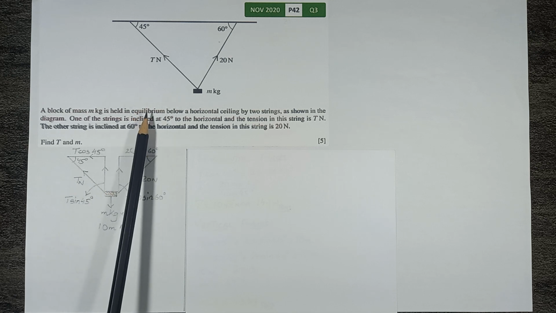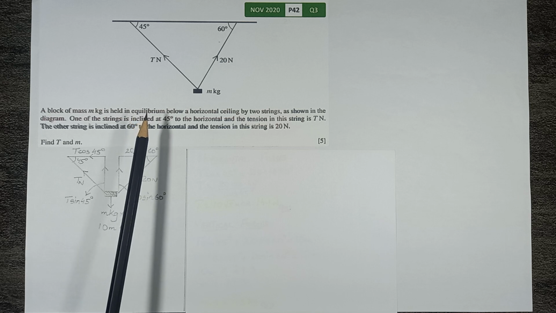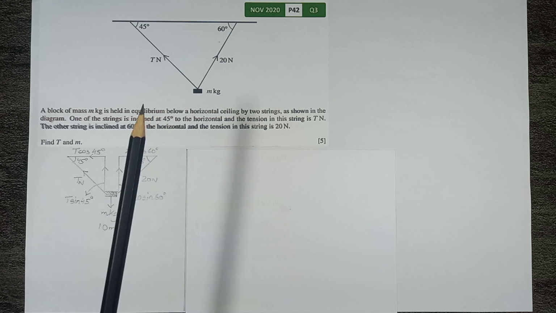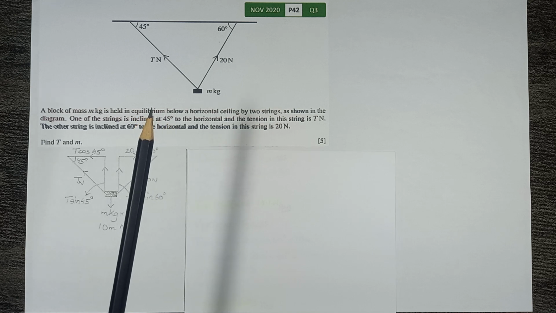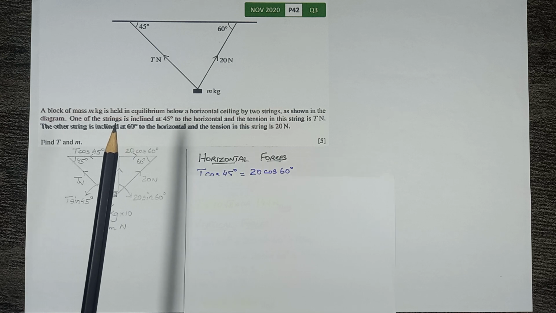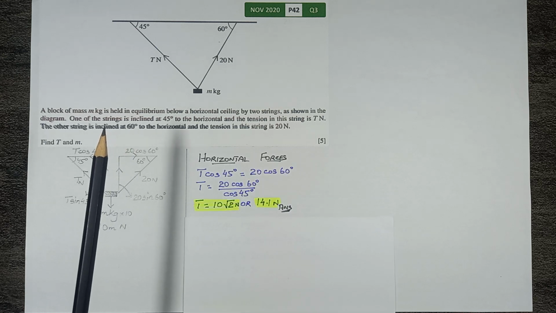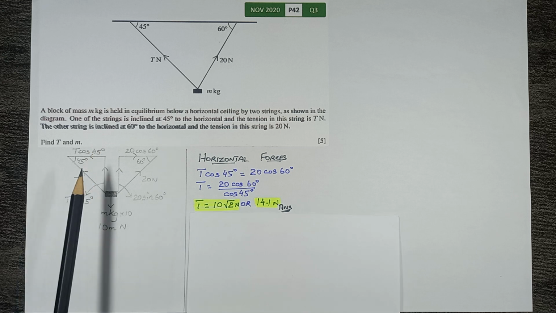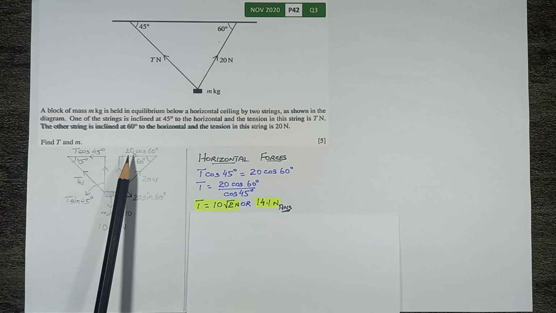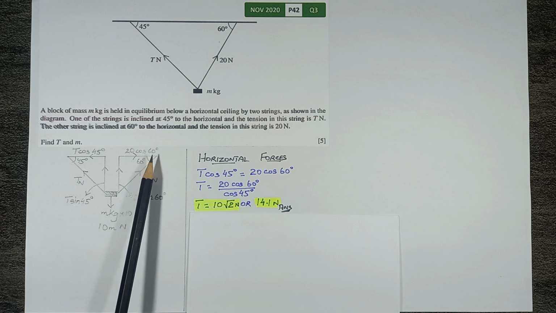Because the condition given to us in the question is an equilibrium condition, that means the opposite horizontal as well as vertical forces are equal. So we will split them up into horizontal as well as vertical. If you just look at the horizontal, we have two forces, T cos 45 to the left and 20 cos 60 to the right.